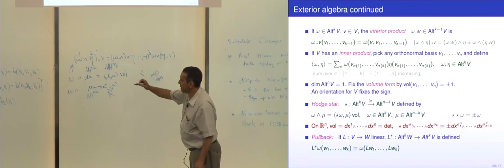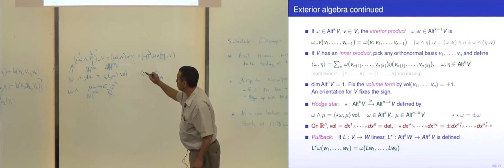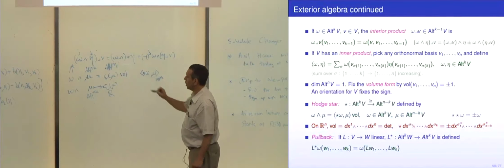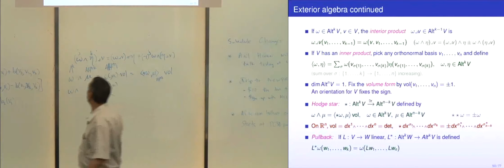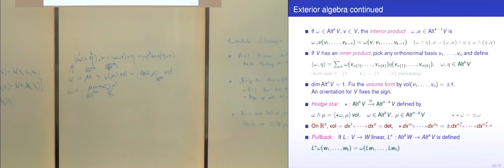Okay, that something depends on what omega you started with, so we'll call it star of omega. And so we get that formula that's written right under Hodge star, that omega wedge mu is the inner product of star omega with mu, that's a real number, times the volume form, and that defines an operator star, which takes a k form to an n minus k form.